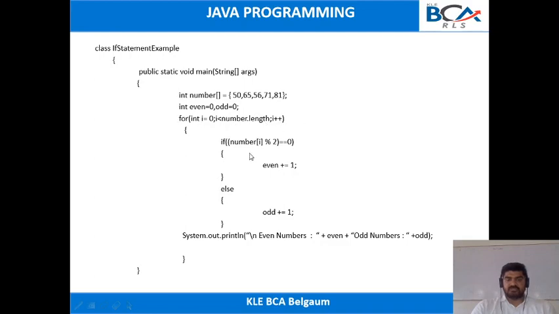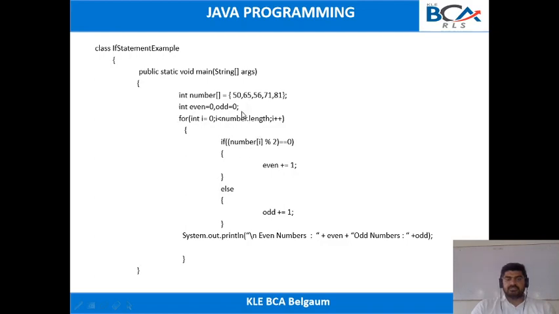Here we are calculating number of i mod 2. This will check whether the given number is even or odd. If it is evaluated to true, then we increment the even value, else we increment the odd value. At the end we display the even numbers and odd numbers.